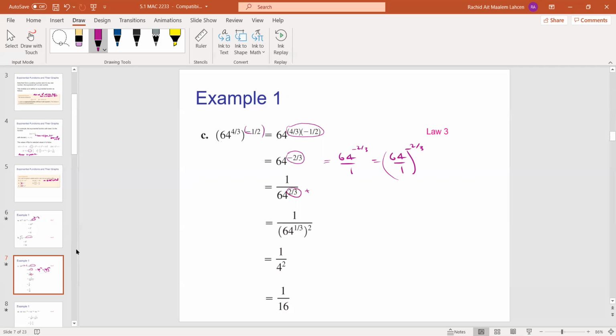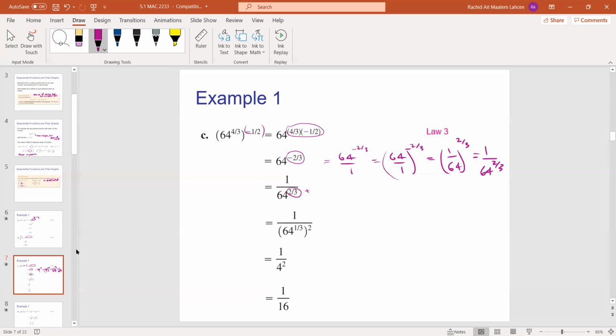Either way, for this to be positive, this 64 has to come down. If you do it this way, then the fraction needs to switch to a reciprocal, and this becomes positive. Whichever way you do it, you should end up with this answer.